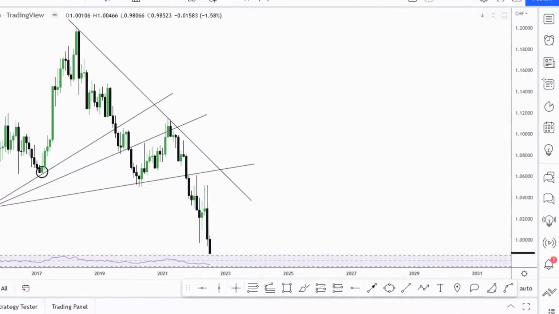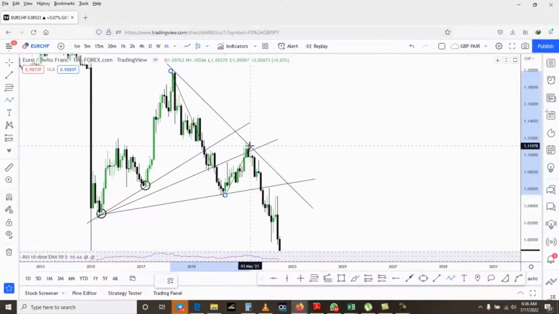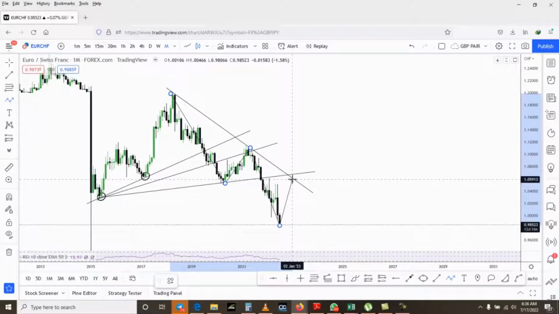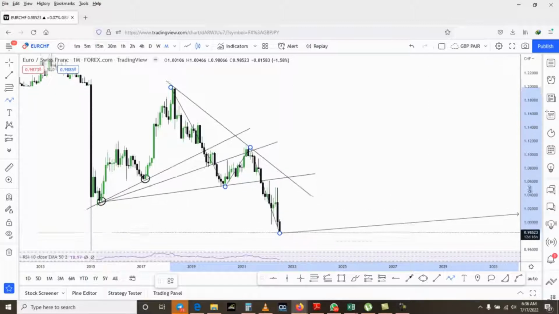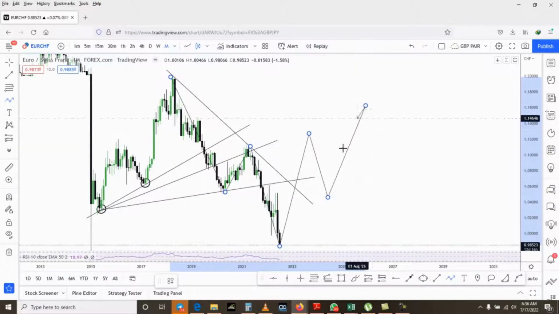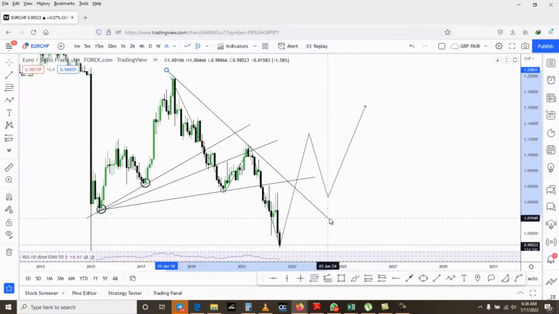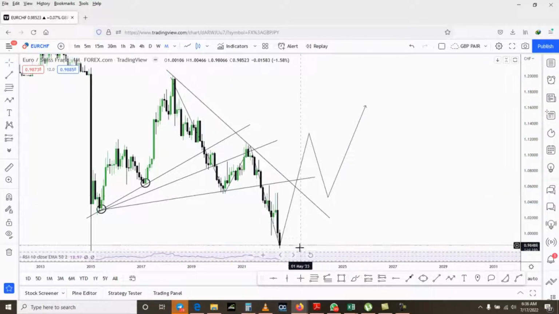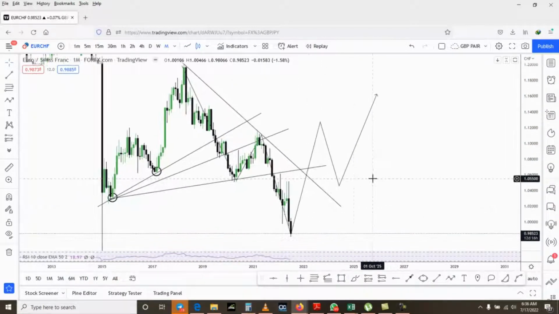So for the most recent trend line I just drew, price did this, and then it kept falling. It kept falling. You have this. So until now, for me to be bullish in this market on the monthly time frame, I will need to see a break of this trend line.